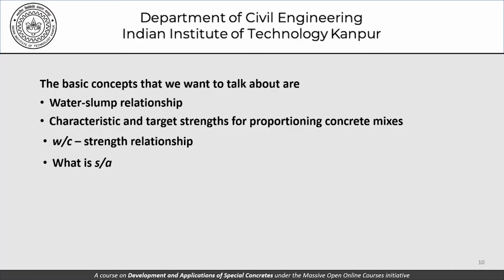And then finally we'll talk about a parameter called the S/A, that is the sand component in the overall aggregate volume. We know that sand and coarse aggregate are both inert, so this S/A only tells us how much is the sand component of the total inert material.